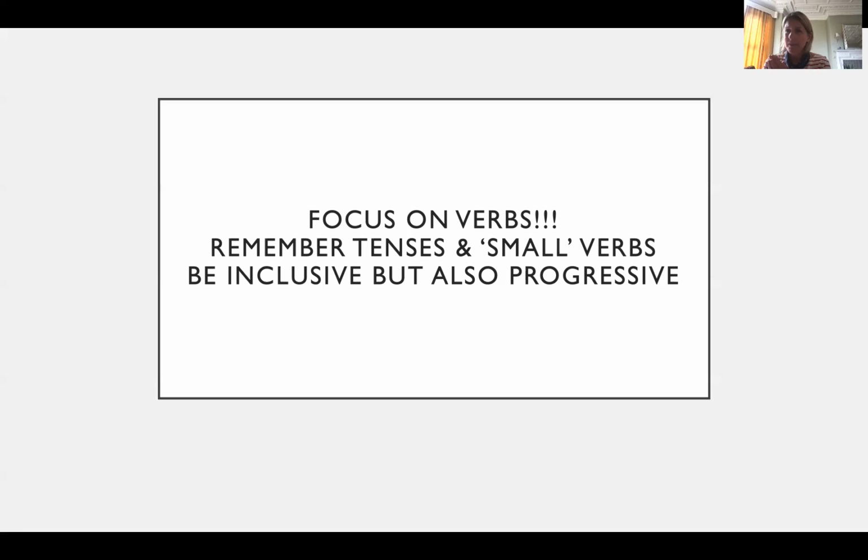However, sometimes, not all the time, but sometimes I want to make a point of saying, I am digging, you are digging, he is digging, they are digging, because I need the children sometimes to hear that so that they understand that they are actually two separate words. They're not the same word.